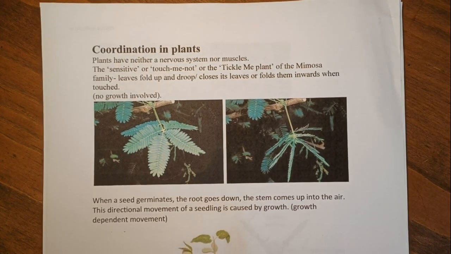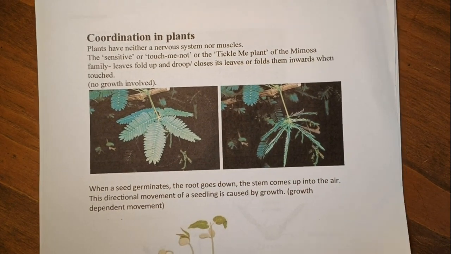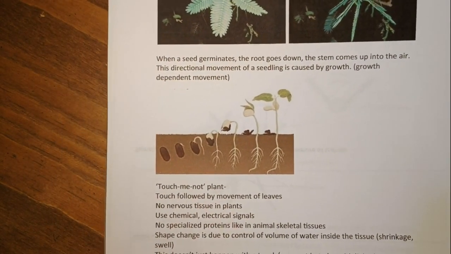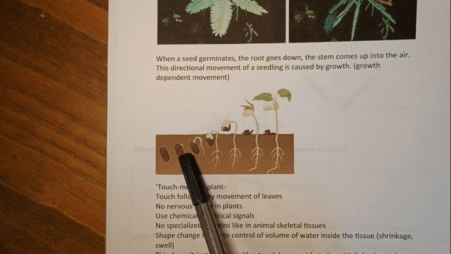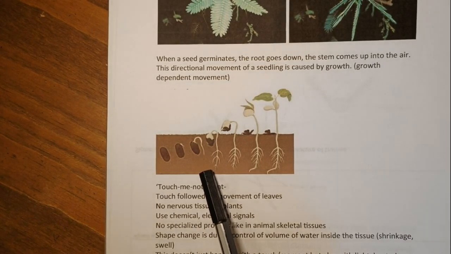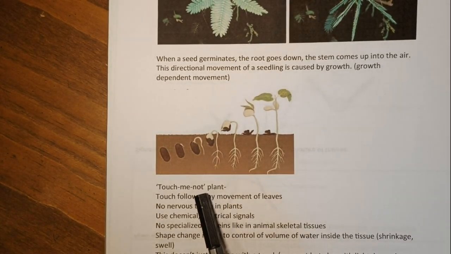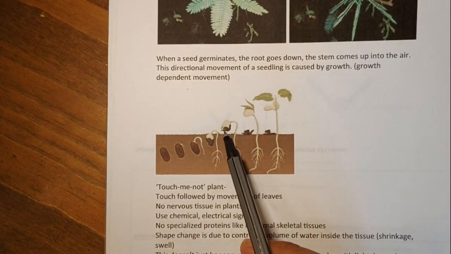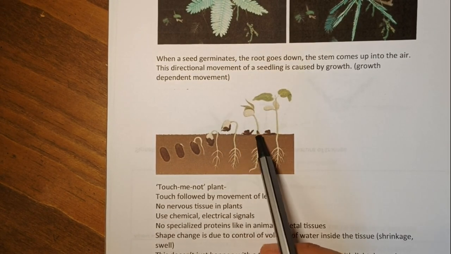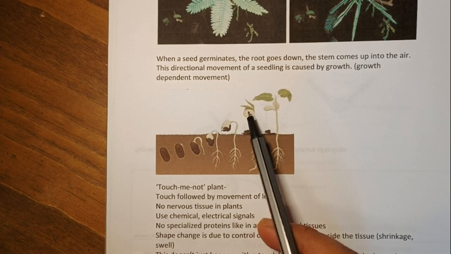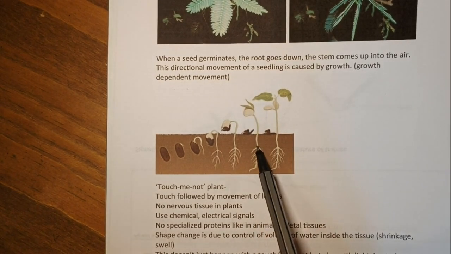Now the second type of movement we see is when the seed actually germinates. The root of the seed goes down towards the earth, but the stem that comes out grows towards the sun, into the air, away from the earth.